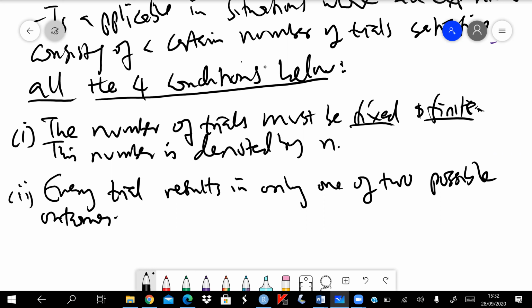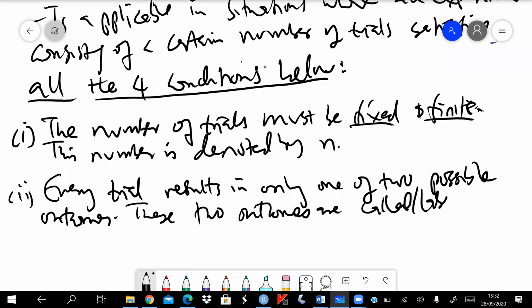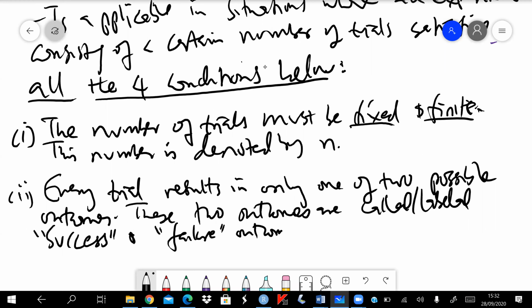So these two outcomes are sometimes labeled success and failure outcomes. So one of the outcomes is called a success outcome. And usually this is the outcome that we are interested in, while the other outcome is called the failure outcome. That's the one that we are not interested in.